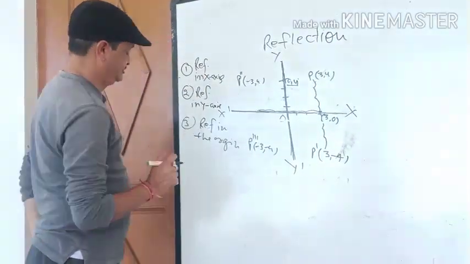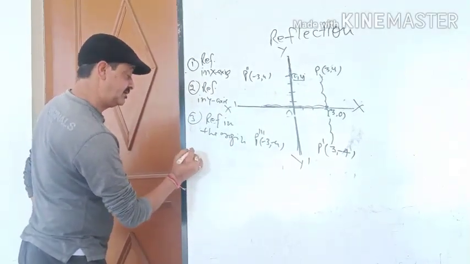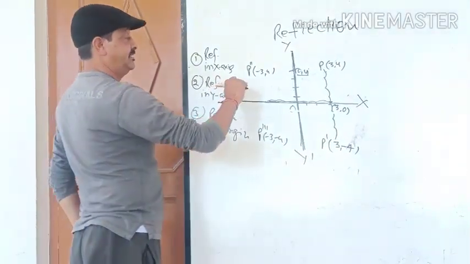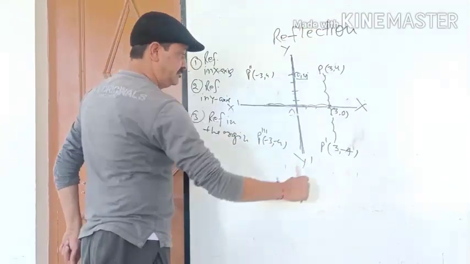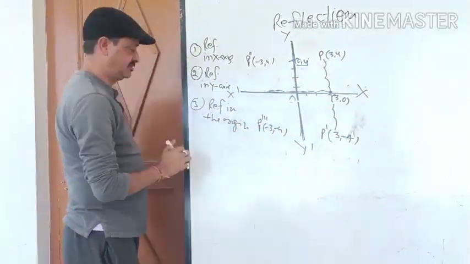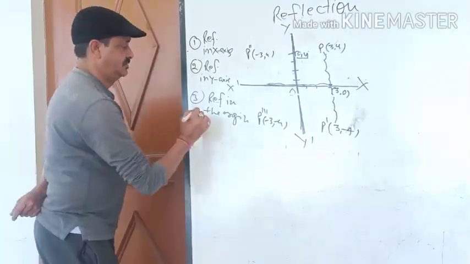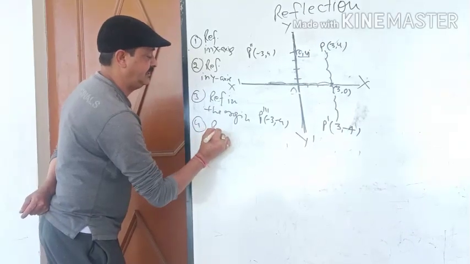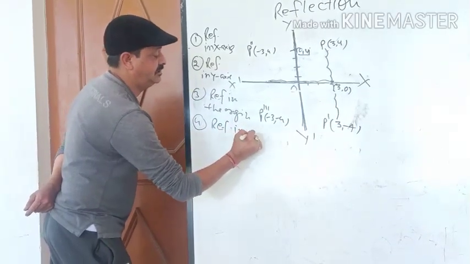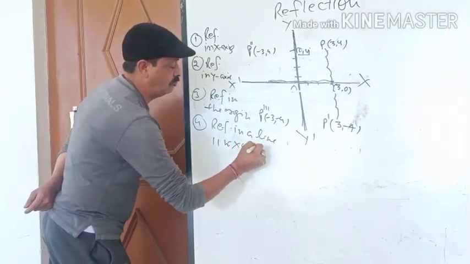And the last thing, that is very important, where you have to draw a diagram to understand. For the first three, without the diagram, just knowing the rules, you can find out the image of a point. But for the fourth point, it is better to draw a diagram. That is reflection in a line parallel to x or y axis.